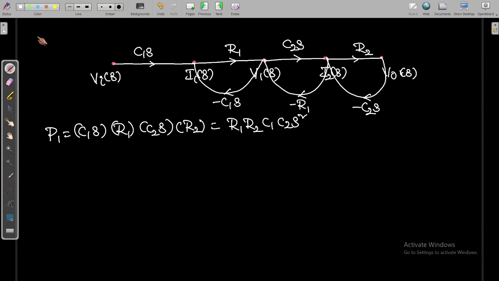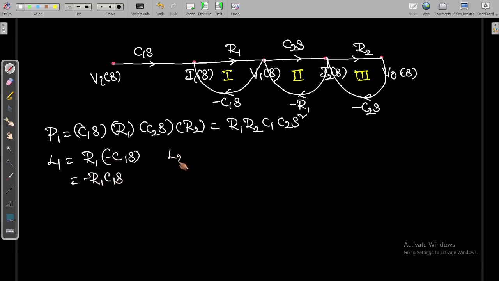If you identify, there are 3 individual loops, 1, 2 and 3. So we will write those individual loops. Let us write: L1 is equal to R1 into C1s minus, so minus R1 C1s.